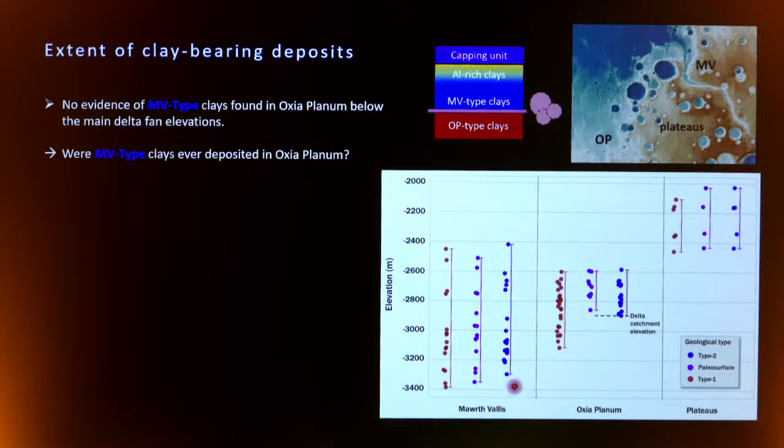And if we think that this is contemporaneous to the existence of an ocean, then the level of the ocean should be the same across the planet. Of course, topographic change happened after true polar wander, but here we would be talking about 400 meters. So we would have to have the base of the MV-type deposits at the same level as the base of MV-type deposits here.